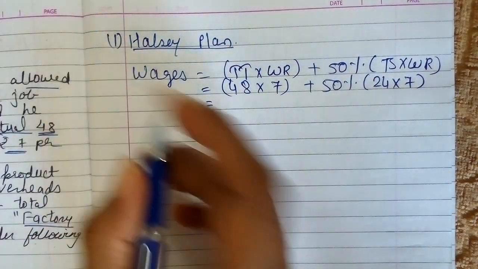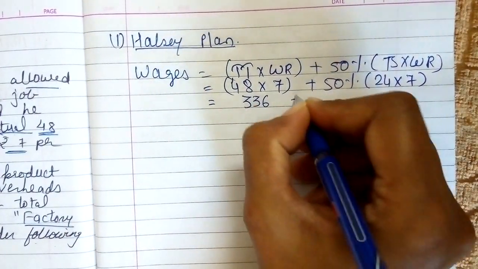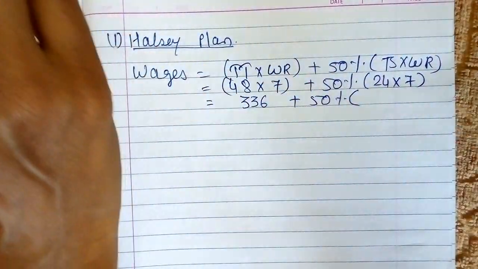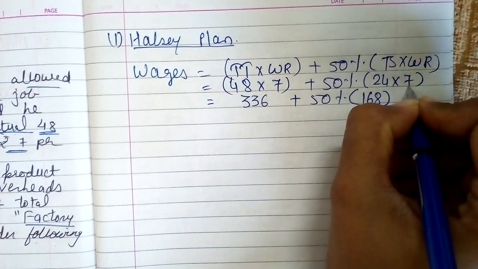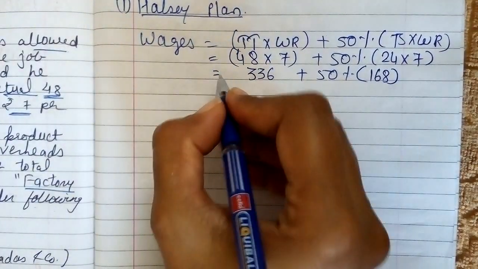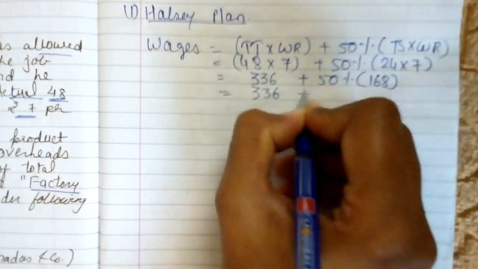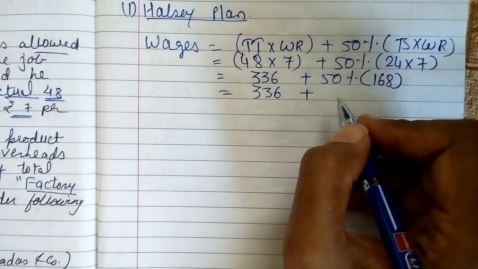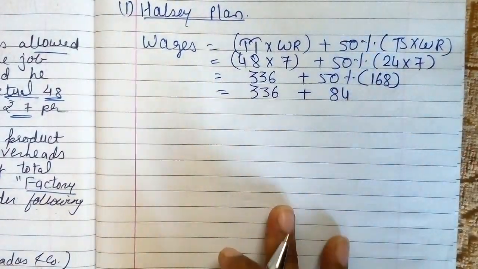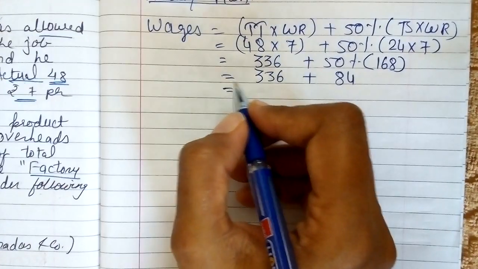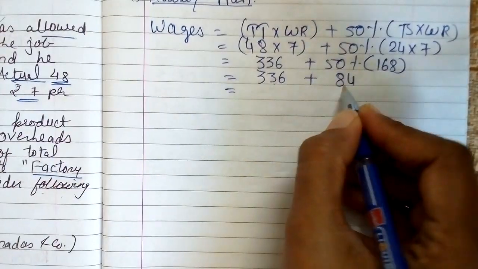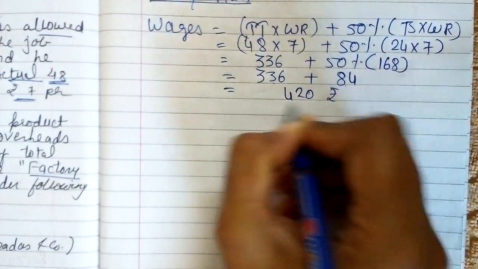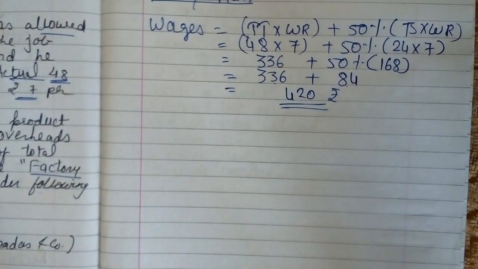So 48 into 7 is 336, plus 50% of 24 into 7, that is 168. So 336 plus 50% of 168, which is 84. So wages as per Halsey plan will be 336 plus 84, that is 420 rupees. So this is the answer of wages as per Halsey plan.